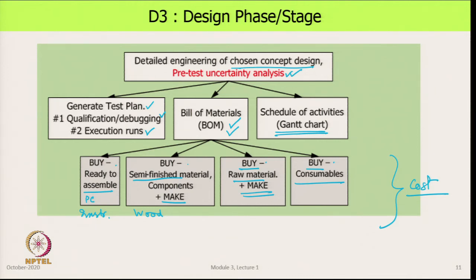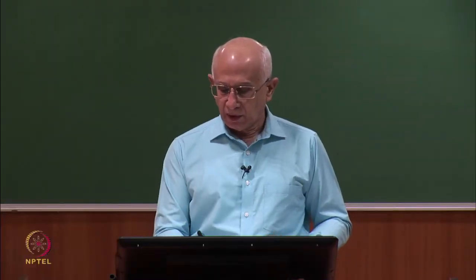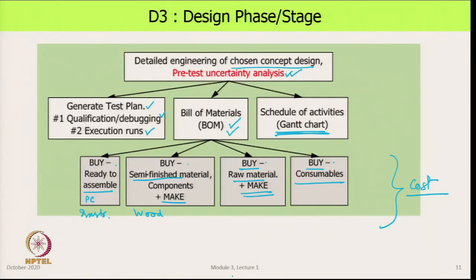So, how are we going to plan and schedule all these activities? We make an activity chart which is called the Gantt chart, and see what is the total time and the schedule at which different things have to happen. It will also tell you at different times how much money has to be spent. It also tells you who are the people involved.